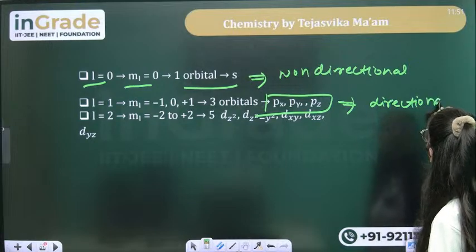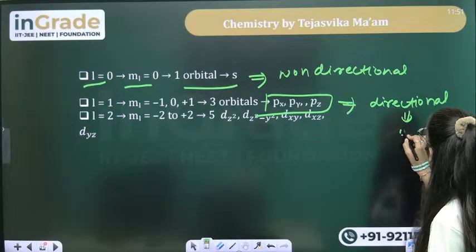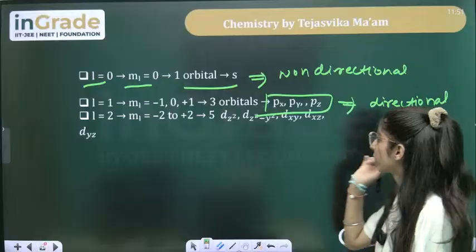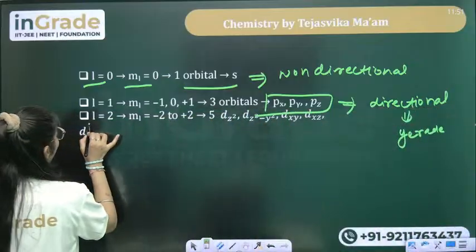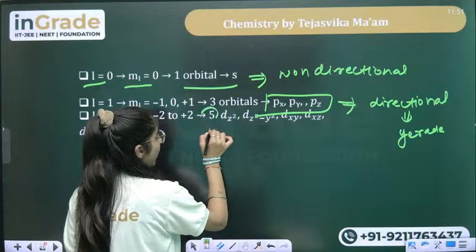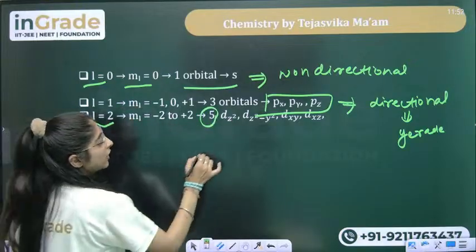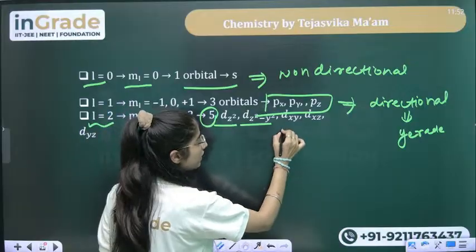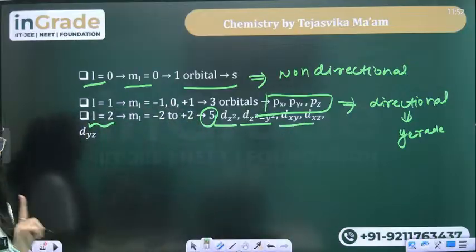Next, for l equal to 2, 5 orbitals exist, that is dz square, dx square minus y square, dxy, dyz and dzx.